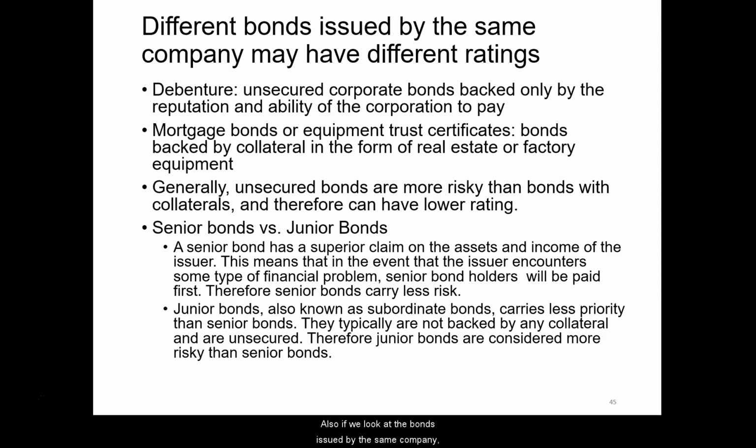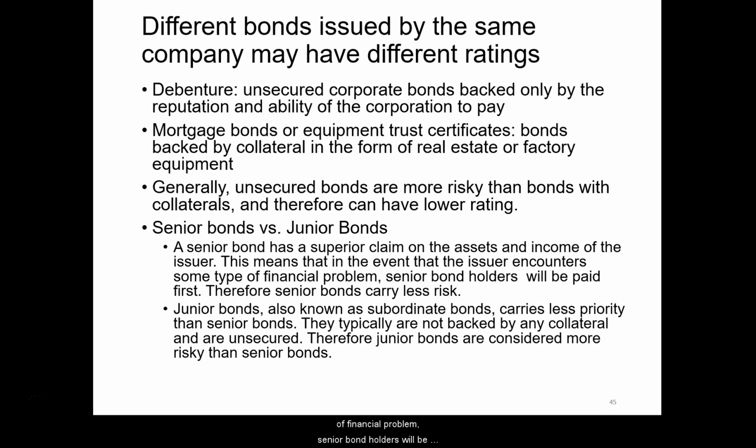Also, if we look at the bonds issued by the same company, we may have senior bonds versus junior bonds. Now, the senior versus junior bonds here have nothing to do with the age or maturity of the bonds. A senior bond simply, by design or by contract, has a superior claim on the assets or the income of the issuer.